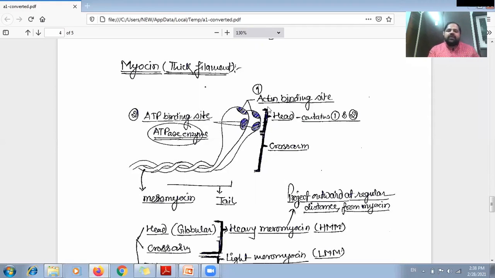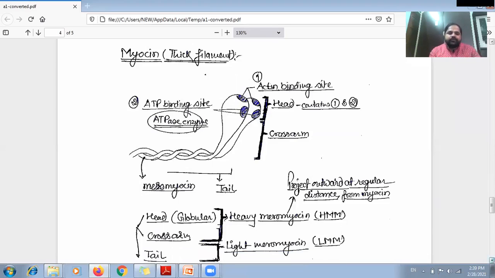And over this head there are two different sites. The first site is called the actin binding site and the second site is called the ATPase enzyme site. So we can see here this head has two important sites, the actin binding site and this ATPase enzyme.